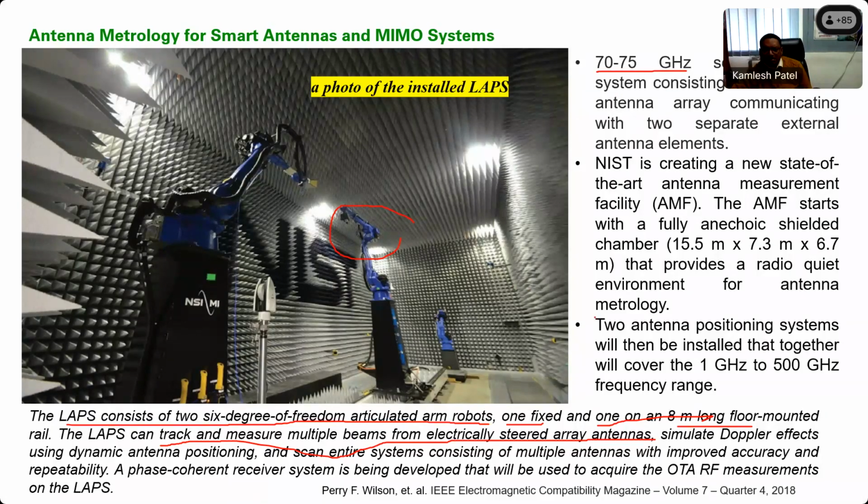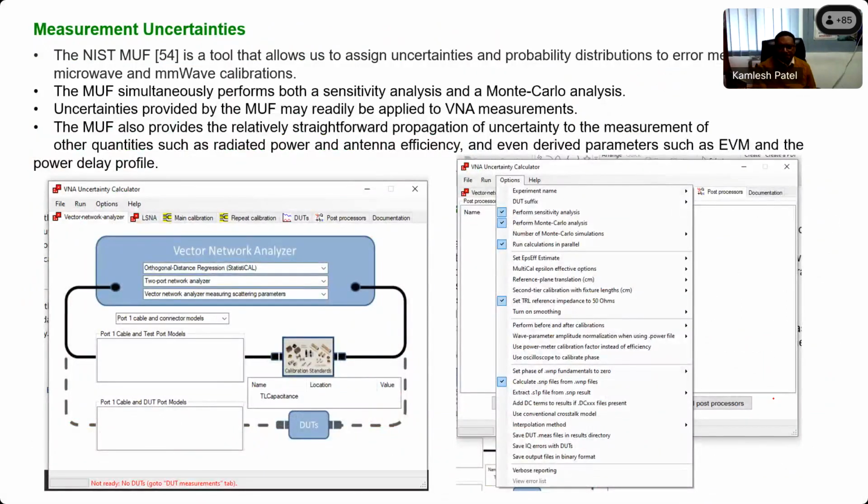They are also establishing two antenna positioning systems, which will cover the range of 1 gigahertz to 500 gigahertz. Unfortunately, they have not shared any results from these antenna setups or the metrology for 5G, so I just discussed the setup which they have established for 5G signal analysis.